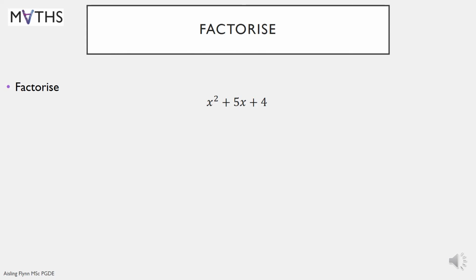So by factorising, we're going to work backwards from this product, and find the 2 brackets that were multiplied by each other in the first instance. This does take a bit of getting used to. Pause and rewind whenever you need to.